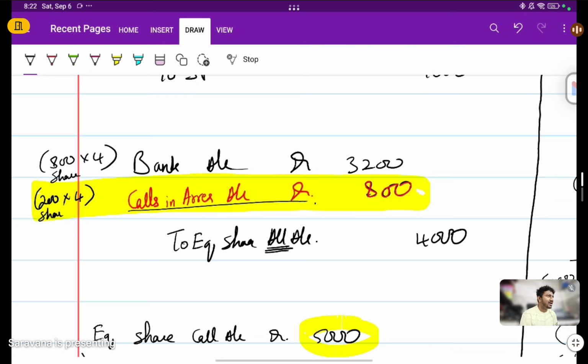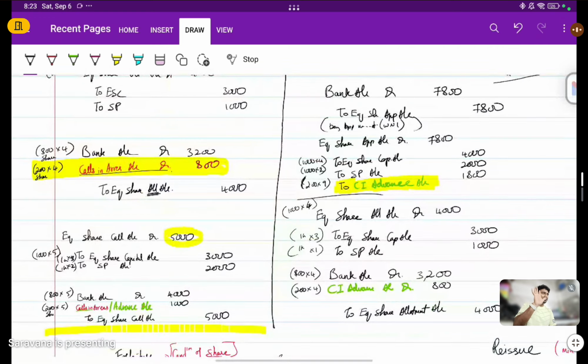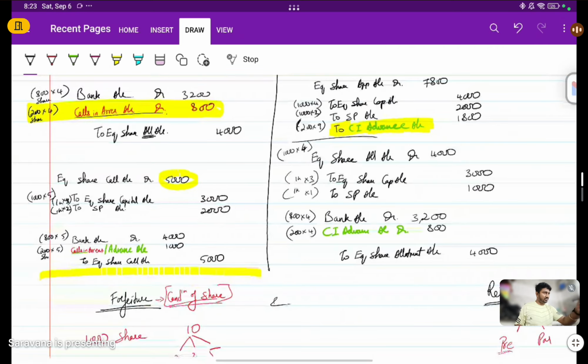Not possible. Calls in arrears is possible only in allotment, first call, second call, third call and final call. Understood?